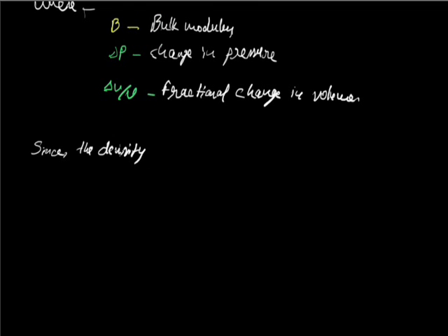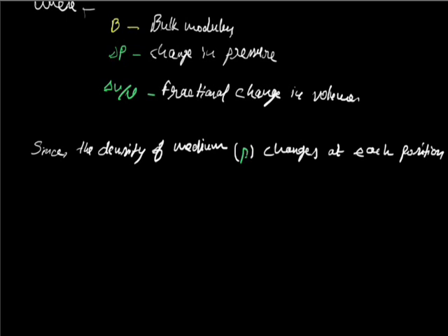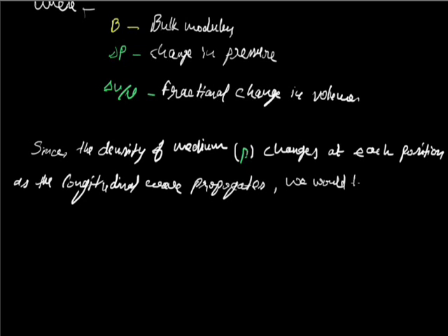Since the density of medium, say expressed by rho, changes at each position as a longitudinal wave propagates, we would have to involve here the rho, means the density of the medium.